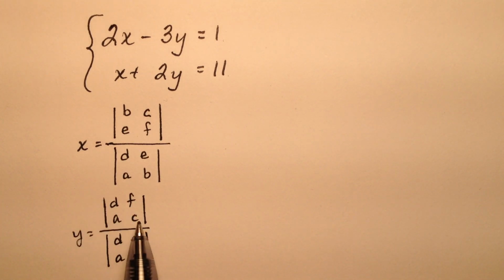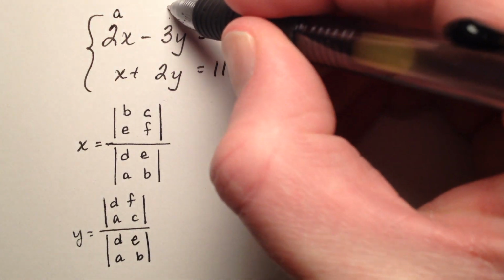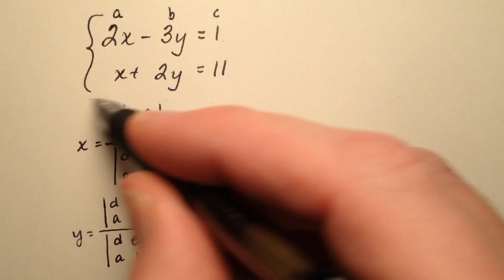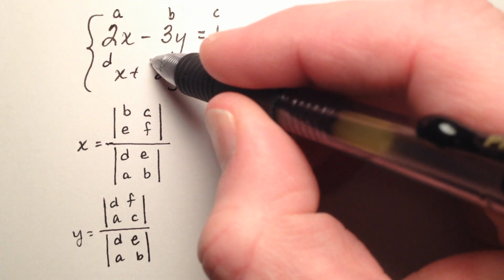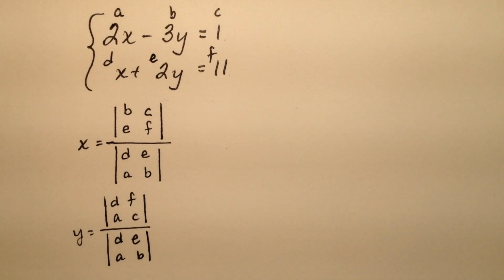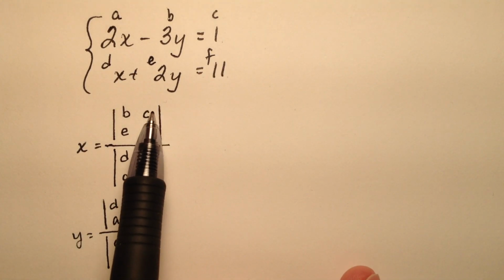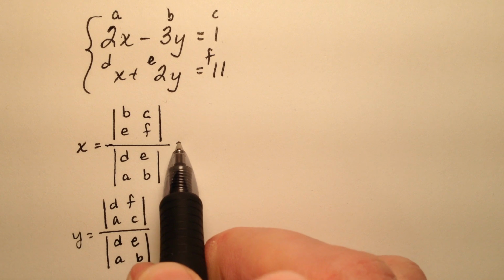So where do these letters come from? Well, we're going to go straight across A, B, C, and then down the next one, D, E, and F. So this is why they have to be in standard form, so they can line up appropriately and we don't have any sign issues.